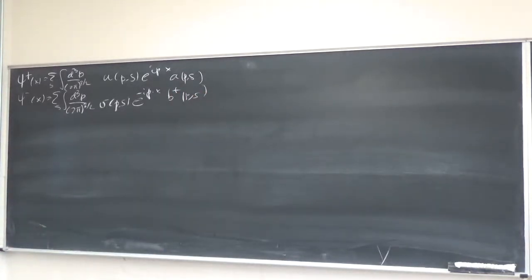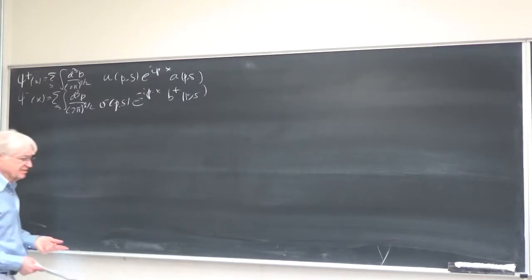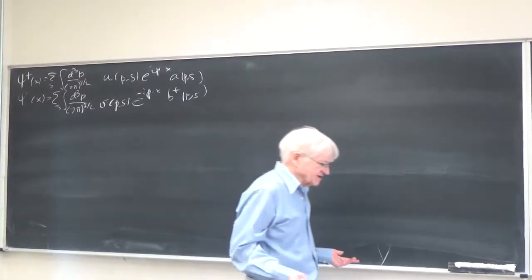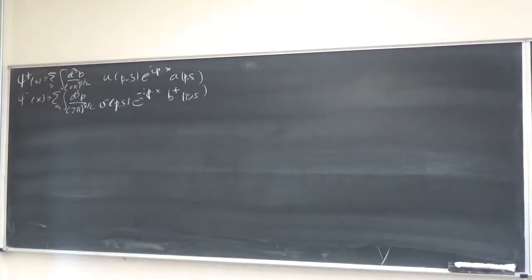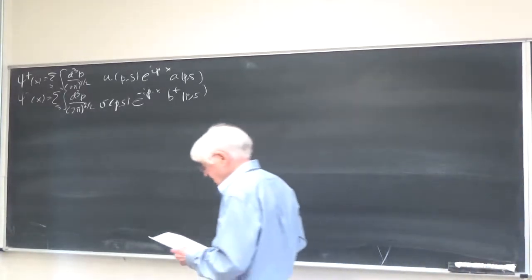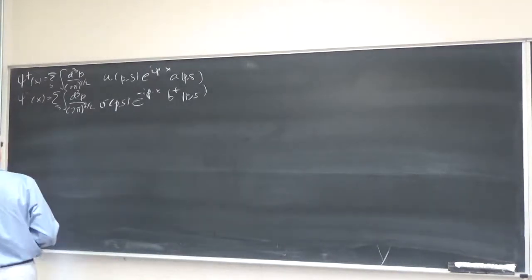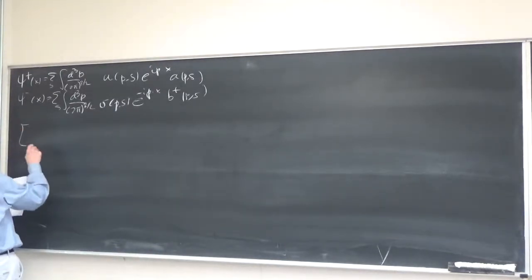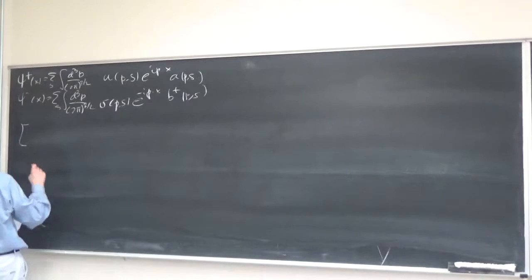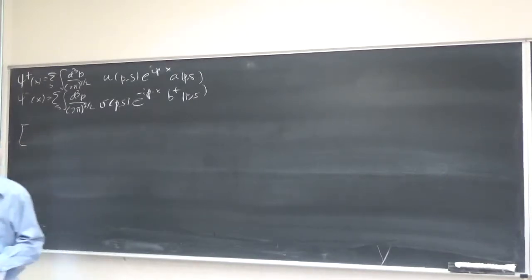And so now what we're going to do is for spin 1/2 what we did for spin 0 and spin 1, namely we're going to require that the fields commute or anti-commute with themselves and with their adjoints at space-like separations.